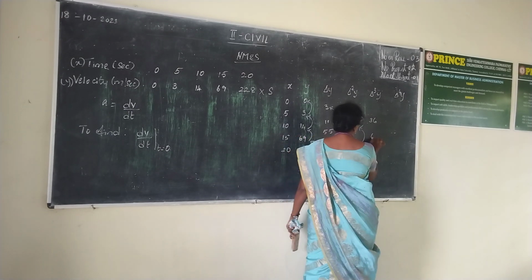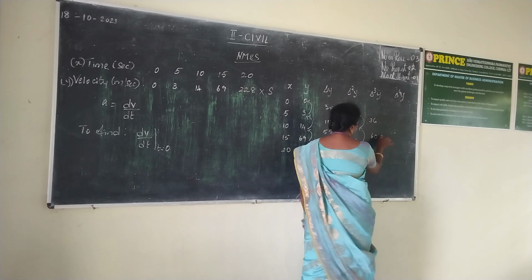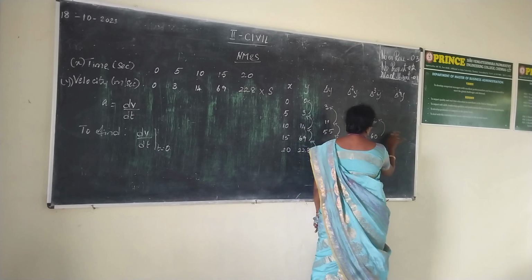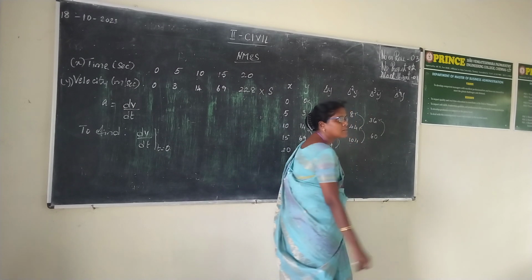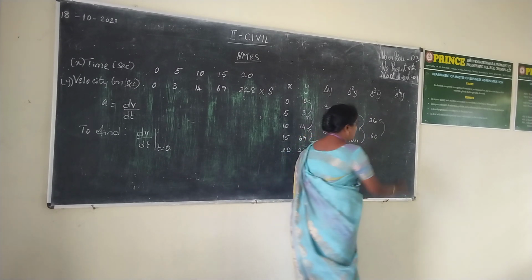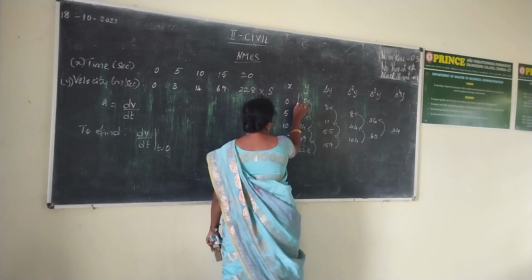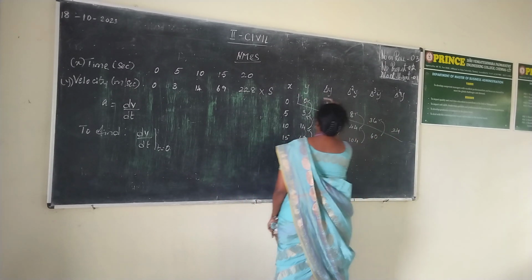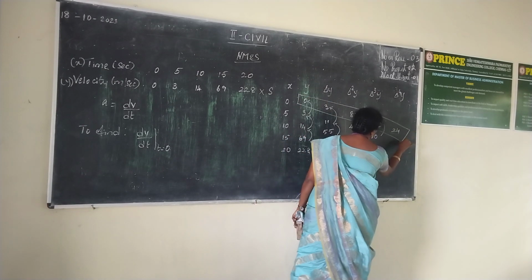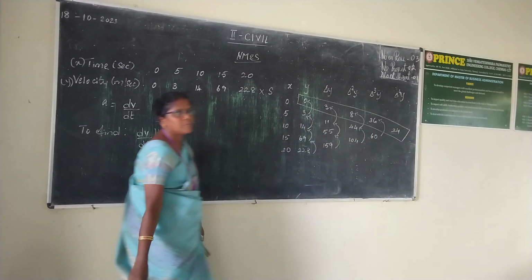How much more? 60. 60 minus 36 is 24. So you are going to use the forward formula. You are going to make use of all the first values of your table. These are the values you are going to substitute in your formula.